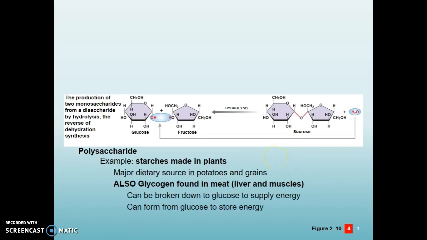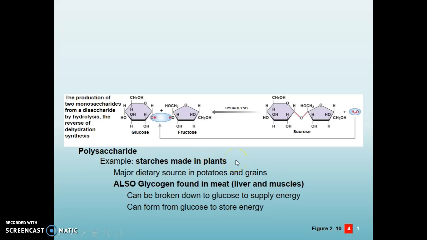A polysaccharide would be many monosaccharides together. Usually that monosaccharide is glucose. For example, the starches are made in plants and only plants. For example, in potatoes and in rice grains. Those starches are made up of many millions of glucose molecules.